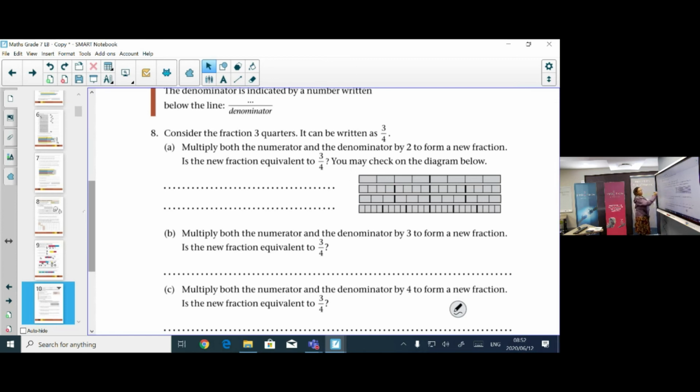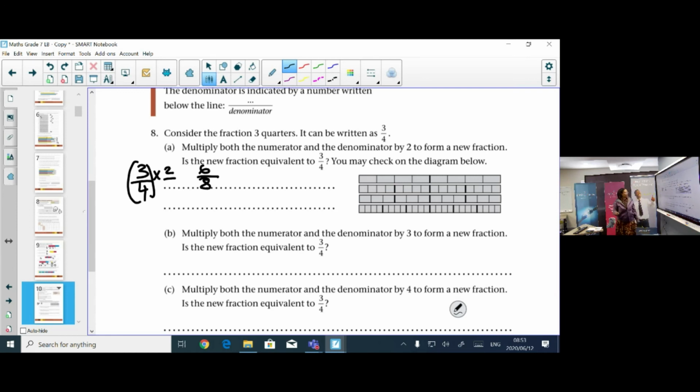So let's see. Three over 4 multiplied by 2. Remember, when you multiply by 2, we multiply the top and bottom. So we get 6 and 8.